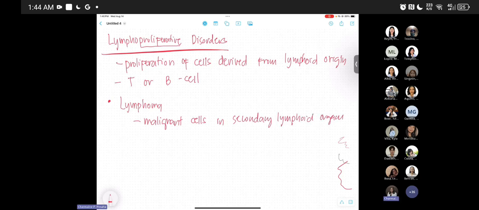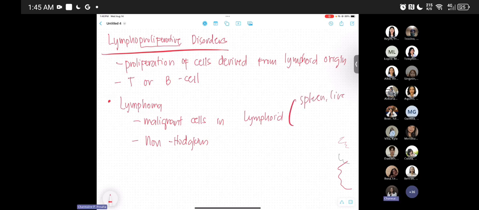So ano yung mga secondary lymphoid organs? Spleen, liver, lymph nodes. Actually affected pa rin yung bone marrow dito eh. So malignant cells in lymphoid organs na lang. Pero ang pinaka-affected kasi yung secondary. So lymphoid organs such as spleen, liver, lymph nodes, bone marrow.